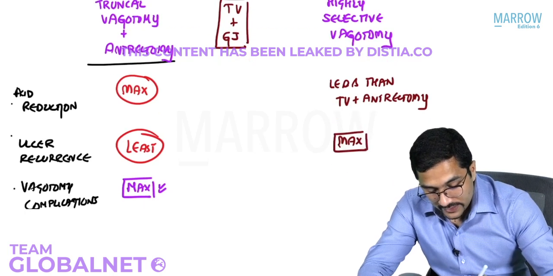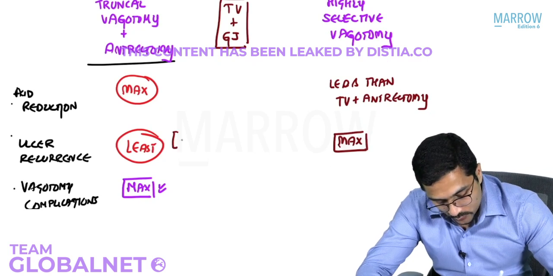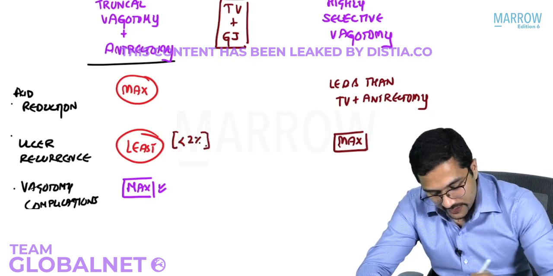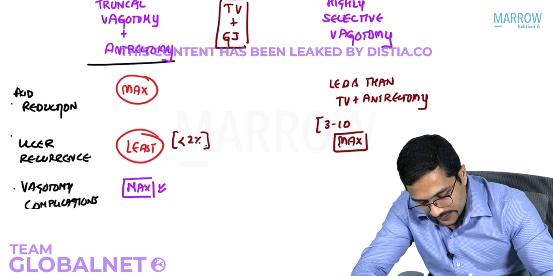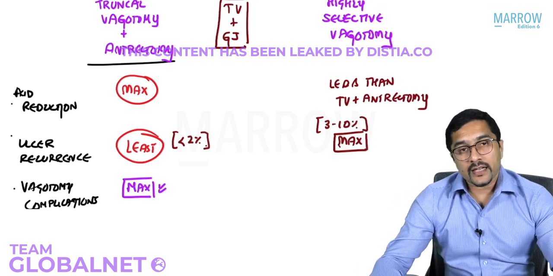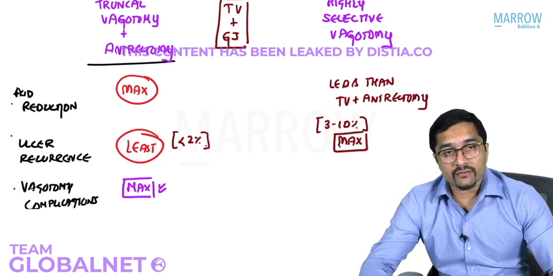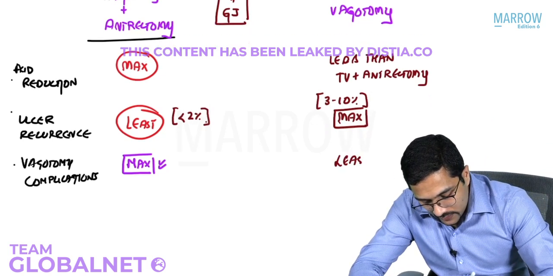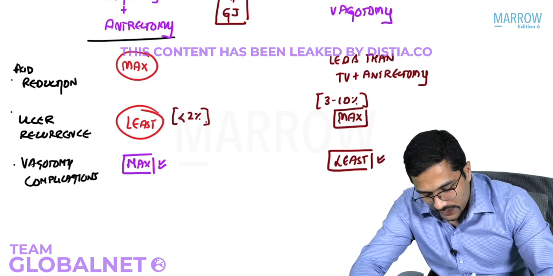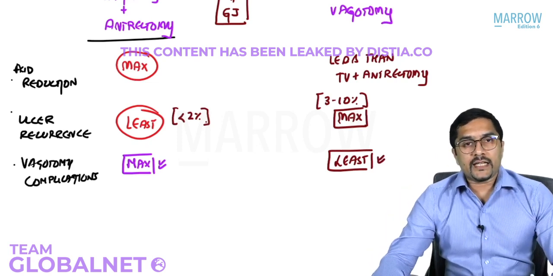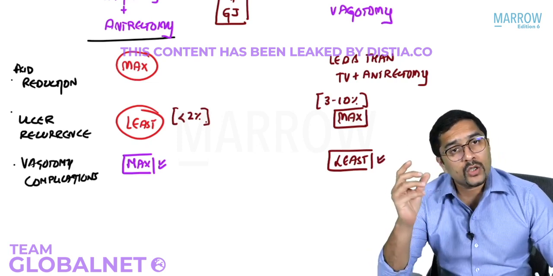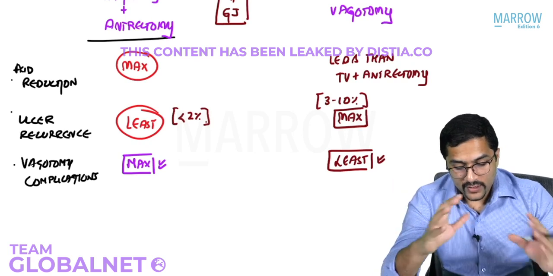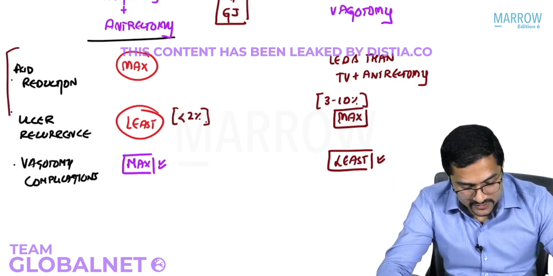The ulcer recurrence rate here is less than 2%, whereas here it can be around 3 to 10%. There can be ulcer recurrence after highly selective vagotomy. The vagotomy complications will be least, because we are just cutting off the crow's foot branches. Okay, so these are the questions which have been asked in the exam.